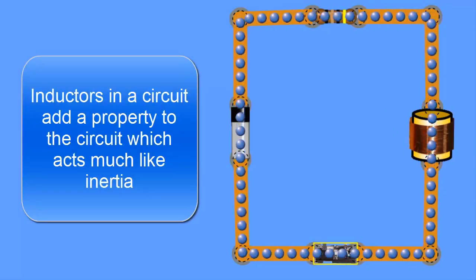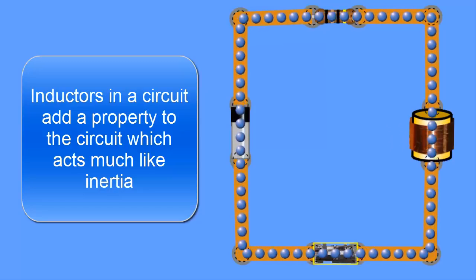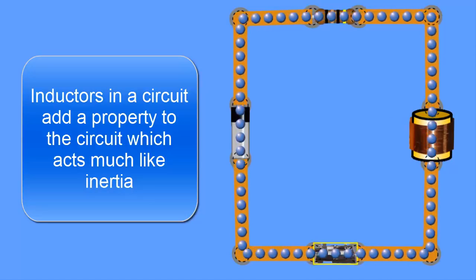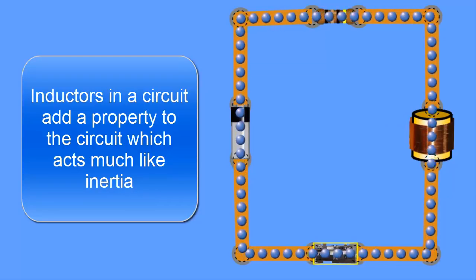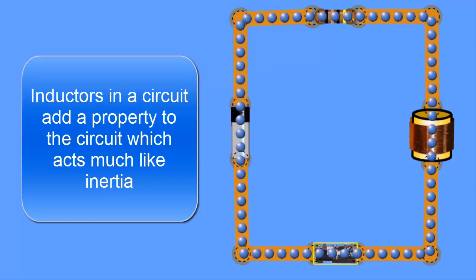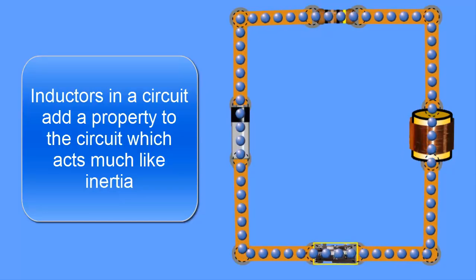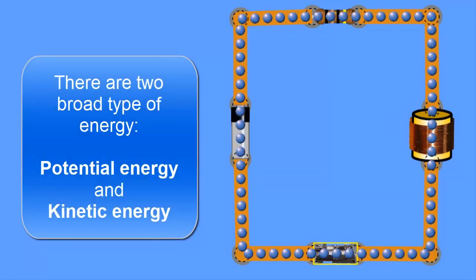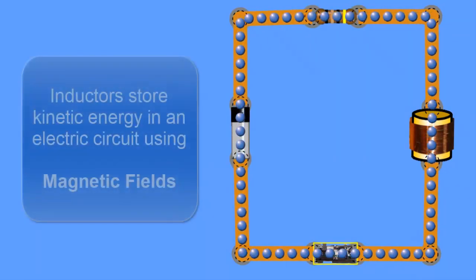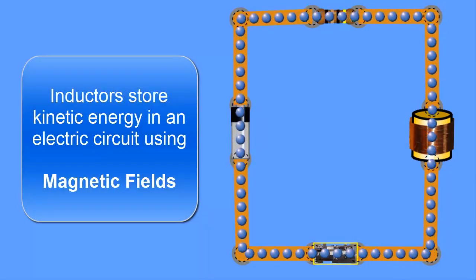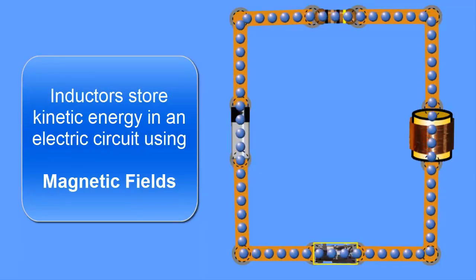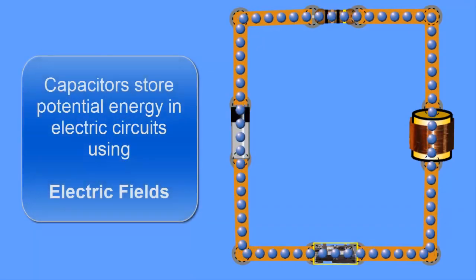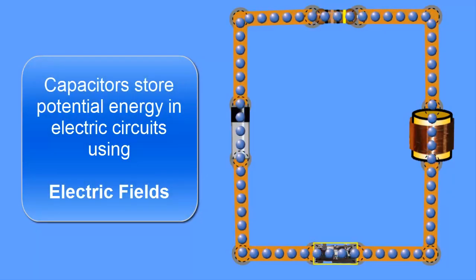The reason it takes time for the train to get up to speed is it's actually storing energy. Trains store what we refer to as kinetic energy. From physics, you should know that there are 2 types of energy: potential energy and kinetic energy. Inductors store kinetic energy, energy due to motion, in this case, motion of electrons. Capacitors store potential energy.